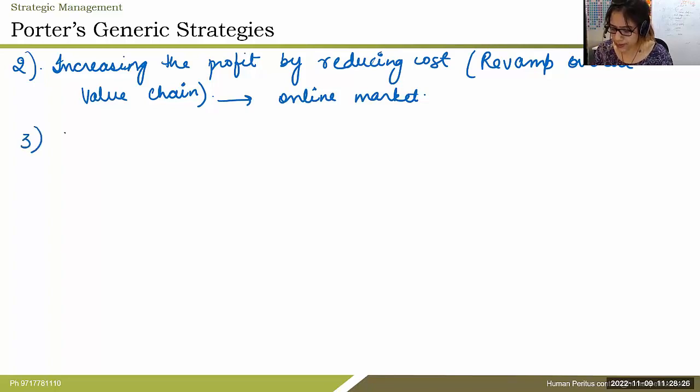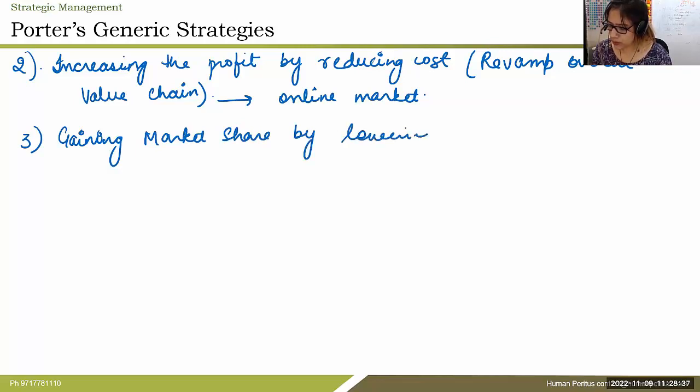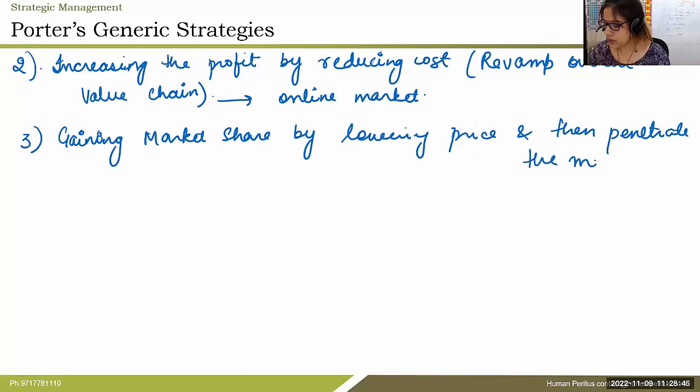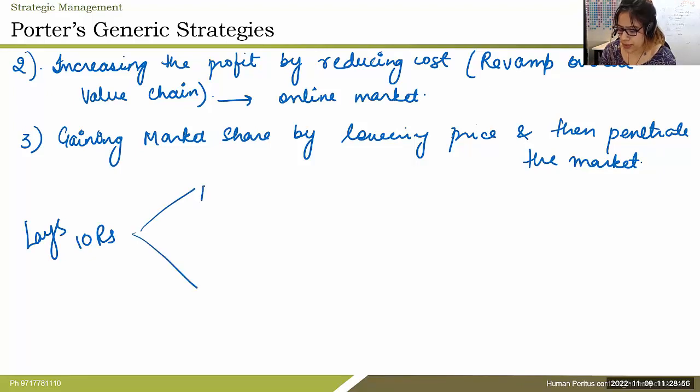Thirdly is similarly gaining market share by lowering price and then penetrating the market. Suppose the cost of a Lay's packet everywhere is 10 rupees. Now, when I said that you were manufacturing it for 5 rupees and everybody was selling for 10 rupees, then you have a profit margin of 5 rupees.